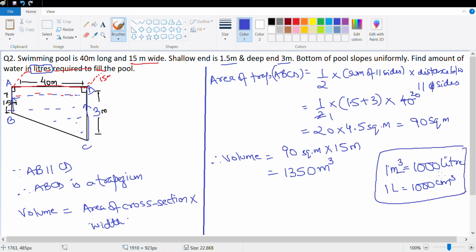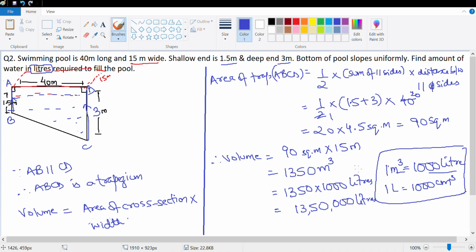So this is 1 meter cube is equal to 1000 liter. Therefore, this would be equal to 1350 into 1000 liters, which would be 1350 with 3 more zeros, liters. Right, so 13,50,000 liters, that's the answer.